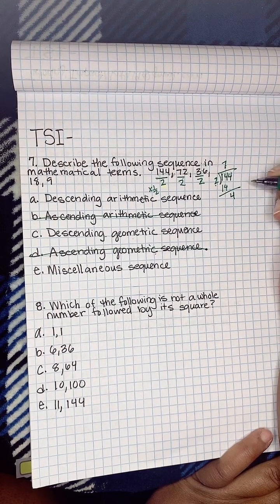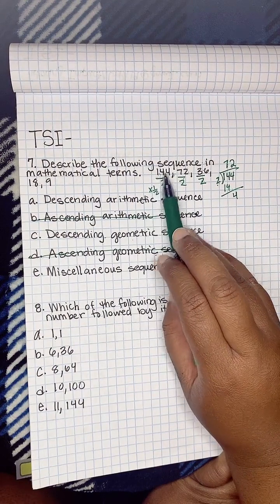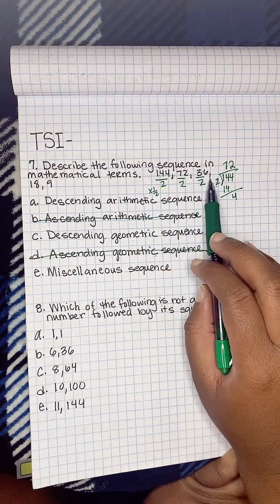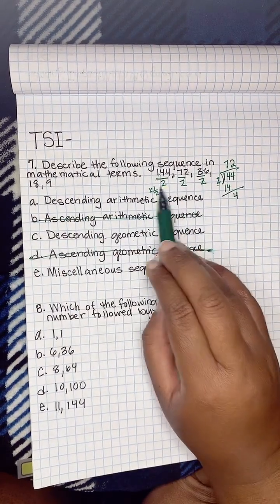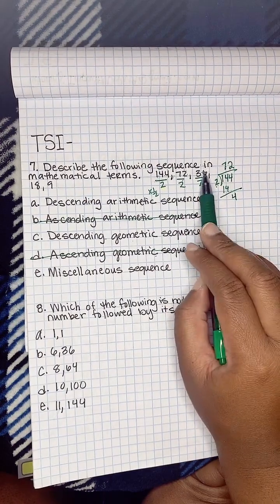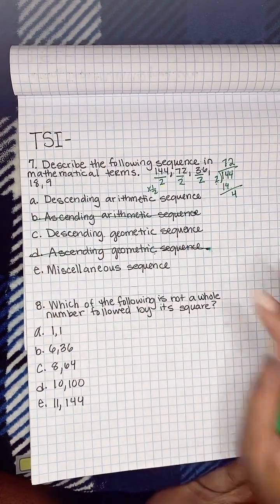Then we drop down the 4. 2 goes into 4 2 times. So if we divide this by 2, we get 72. So they saw the pattern, okay? That's where the 2 came from, because if I take half of that, and then half of 72 is 36, half of 36 is 18, okay?